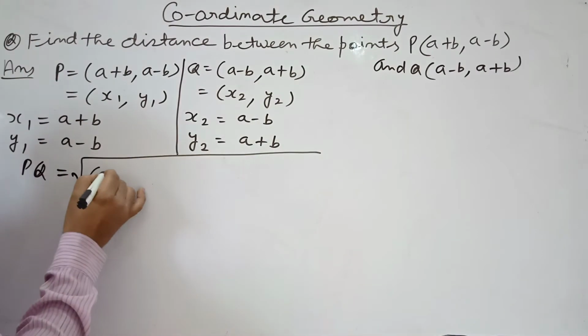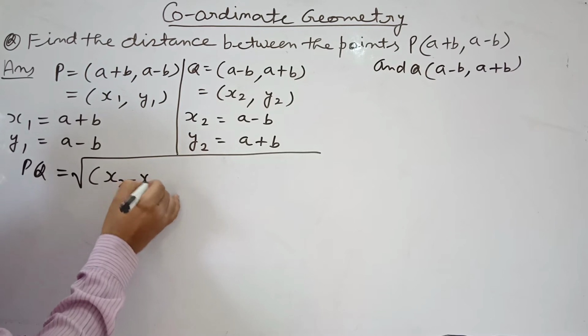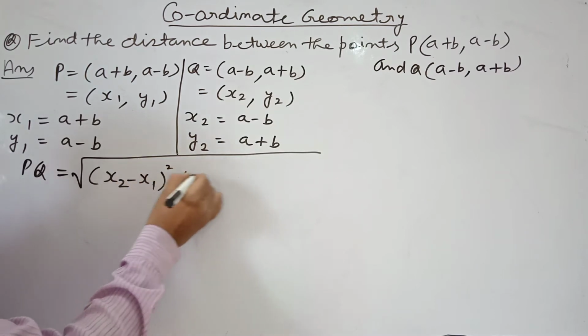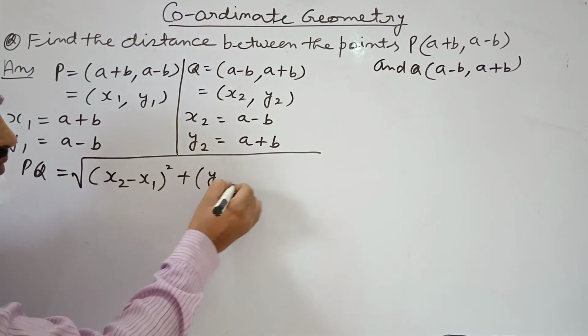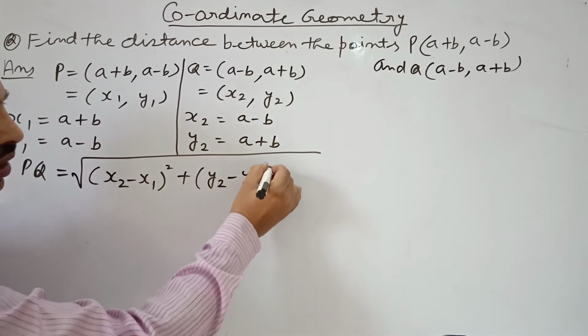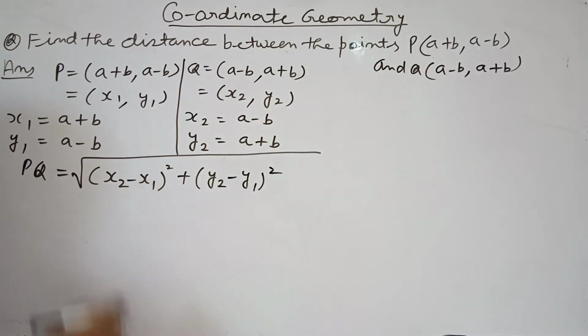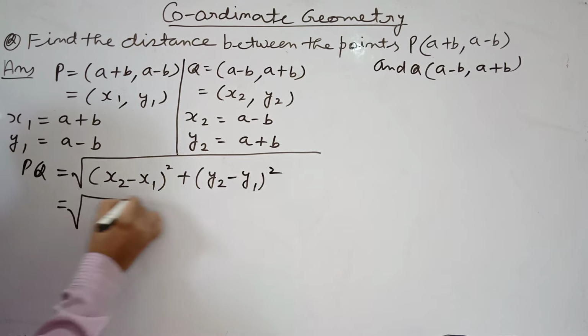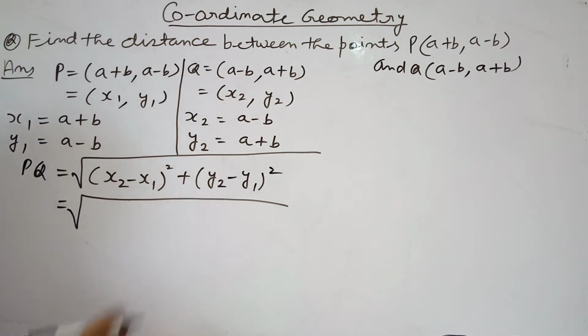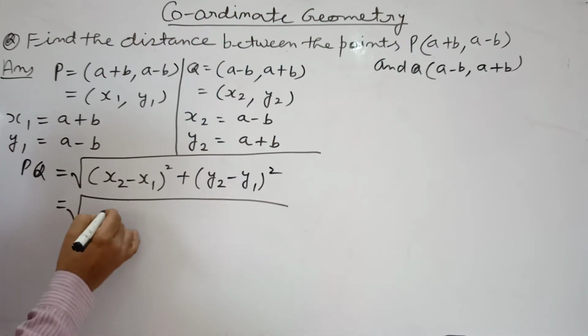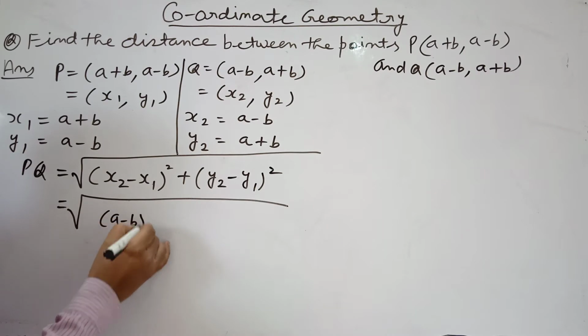Distance formula is the square root of (x2 minus x1) whole square plus (y2 minus y1) whole square. What is x2? x2 is a minus b.